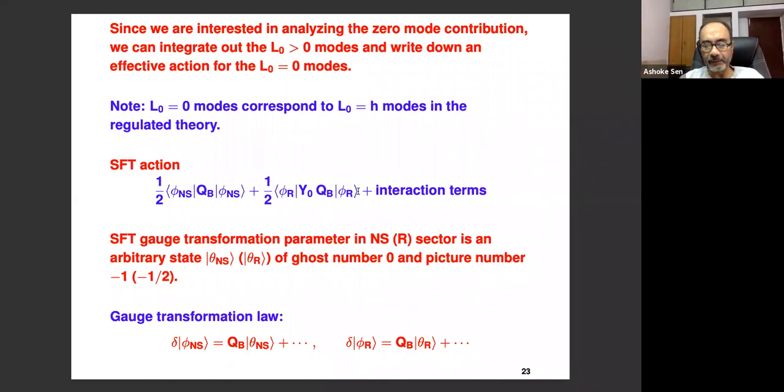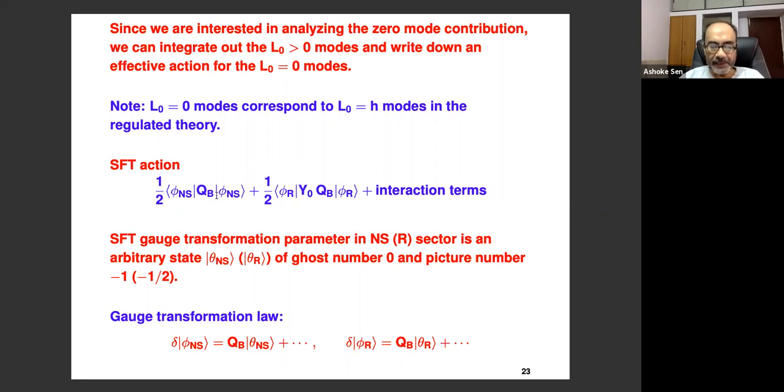We know from the world sheet perspective that those are not considered physical states. But if you just take this action, you will get a lot more physical solutions to the linearized equations. But this problem is not present in the zero mode sector. That's why, once you have integrated out the L0 larger than zero modes and just focus on the ground state, this is a nice action that you can work with.